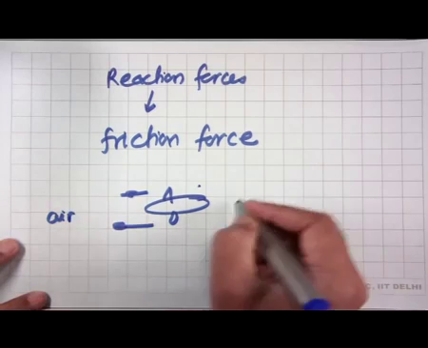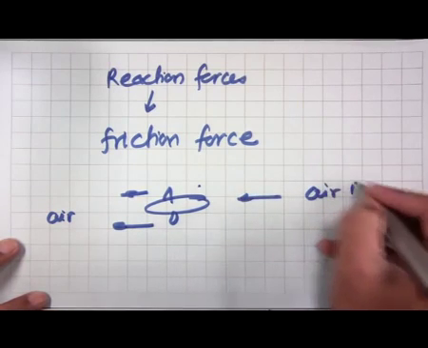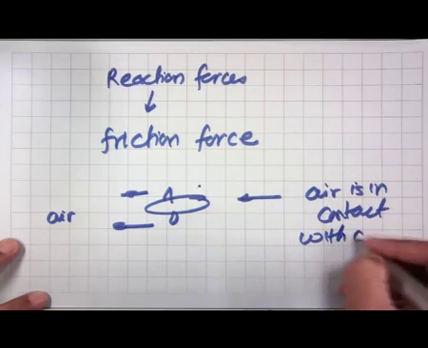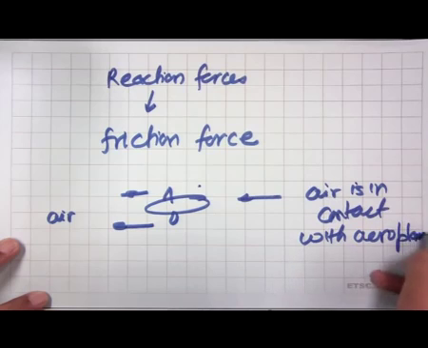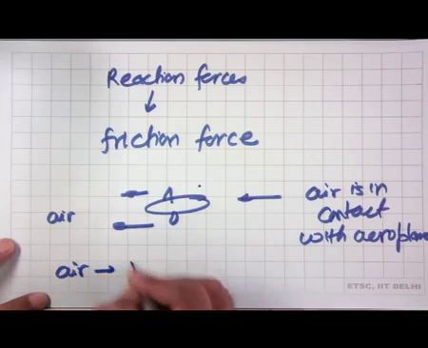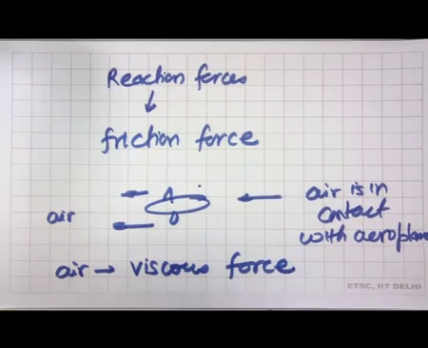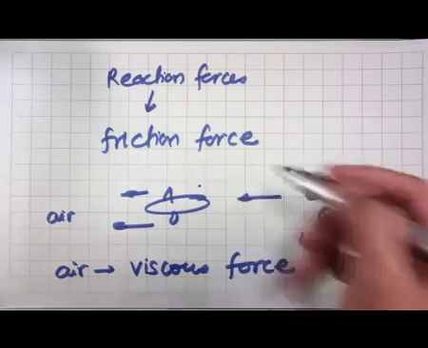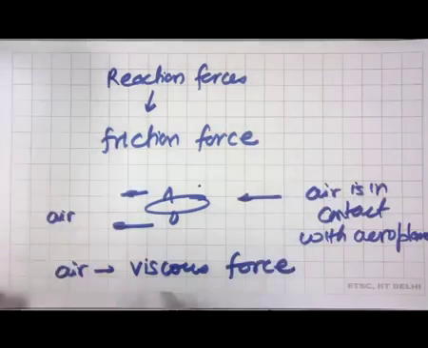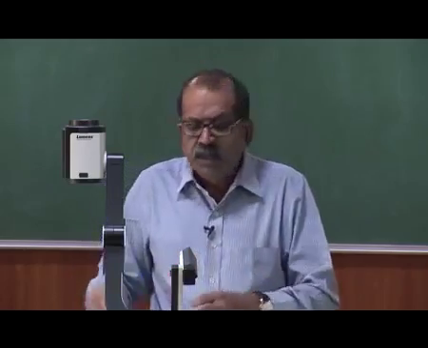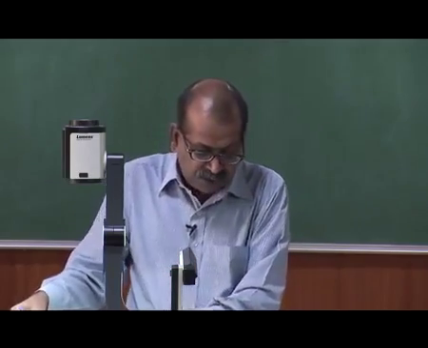In this case, air is in contact with the aeroplane, and air will put what we call a viscous force on the aeroplane. So, these forces, such as reaction forces, friction forces, and viscous forces, are examples of forces which arise because there is a contact between two material bodies.